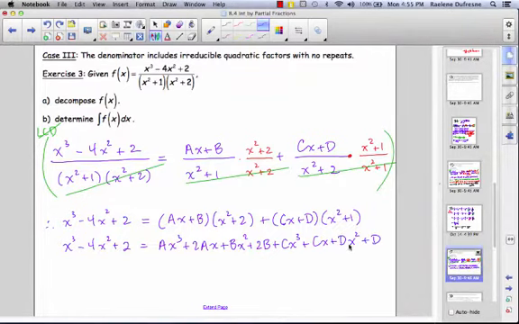And so we have 4 different unknowns, and therefore we need 4 different equations. And we can do that recognizing that there is no linear term, so we have a 0x in here. And so our cubic coefficient says that 1 must equal a plus c. And so that's equation 1.